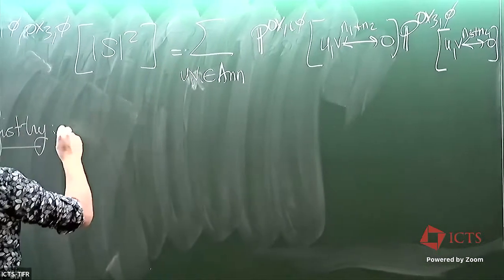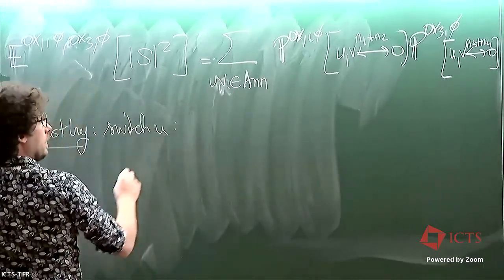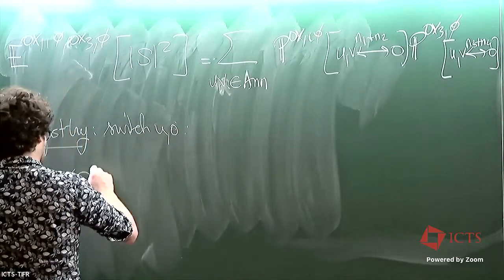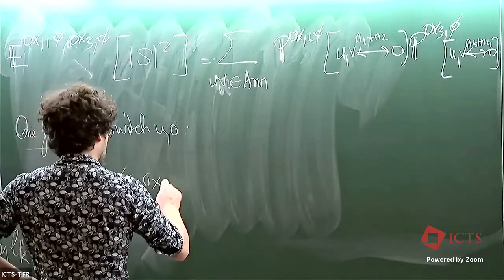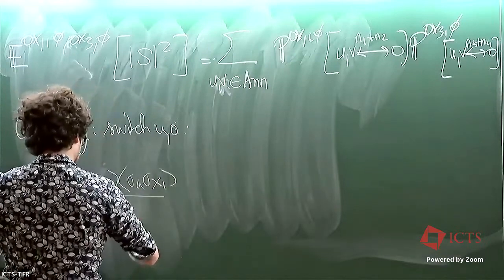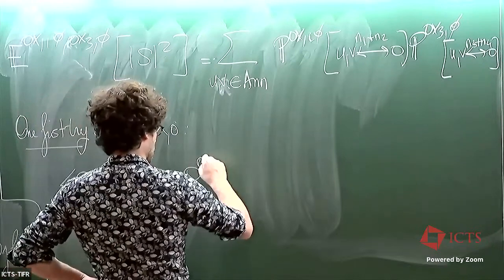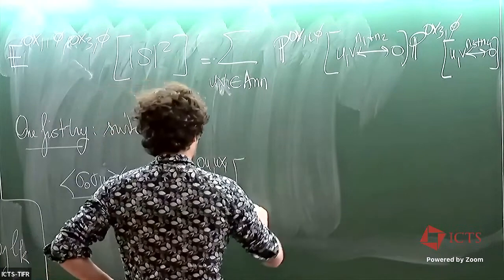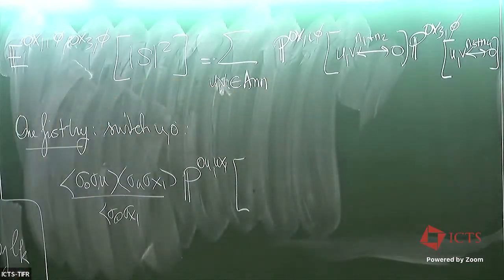You switch u and 0. So what will you get? You will get sigma 0 sigma u, sigma u sigma x1, sigma 0 sigma x1. And here I will have the 0 u, u x1. But before we had nothing here, so that was giving us exactly that without correction.